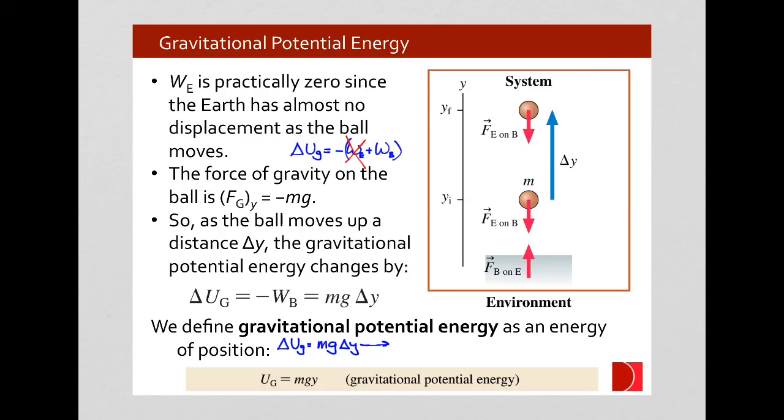We can say that this is the final gravitational energy minus the initial gravitational energy, and we can say that delta y, the change in y, is a final value of y minus an initial value of y. In that case, instead of treating it necessarily as a change in potential energy and a change in height, we can define gravitational potential energy as mgy.